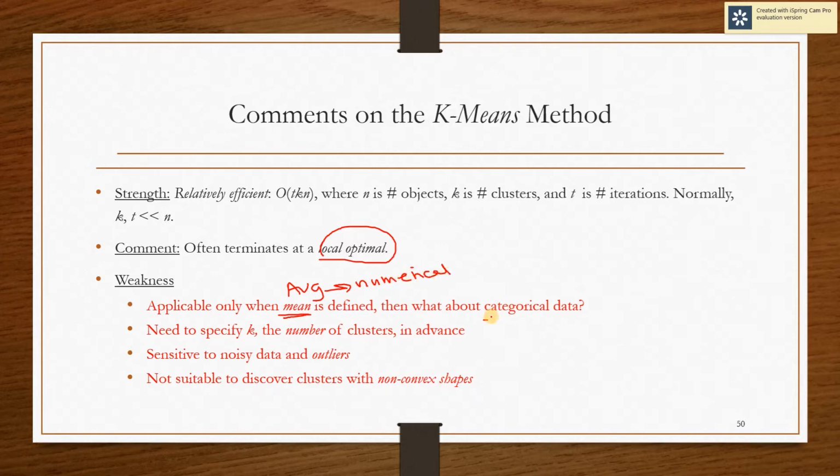But what about when we have categorical data? How are we going to find the mean? We also need to specify k, the number of clusters, in advance. K-means is sensitive to noise and outliers, and it is not suitable for discovering clusters with non-compact shapes.